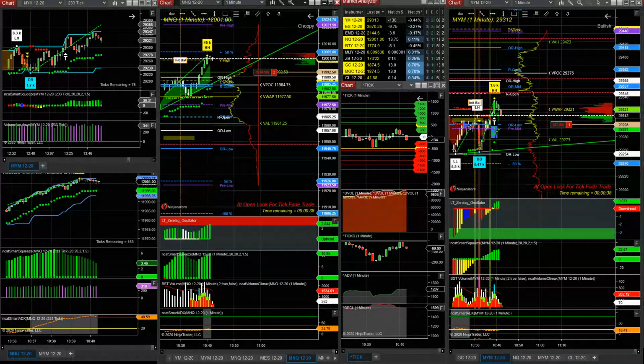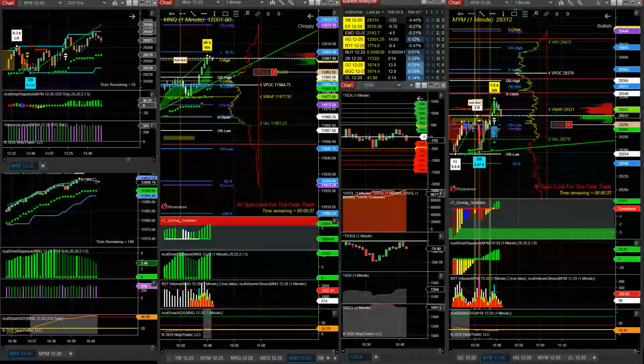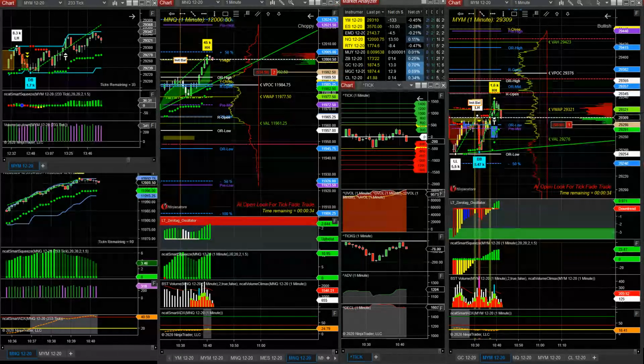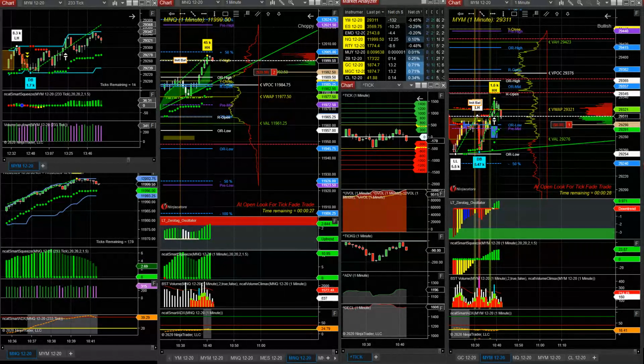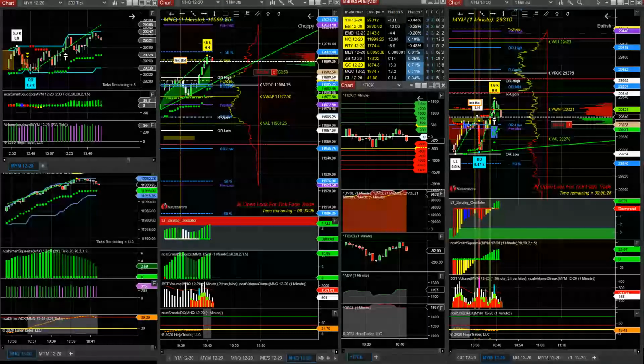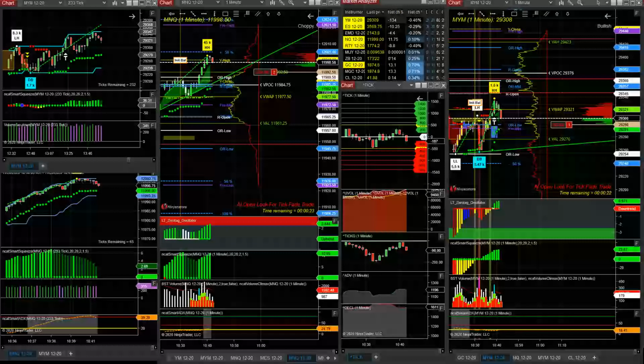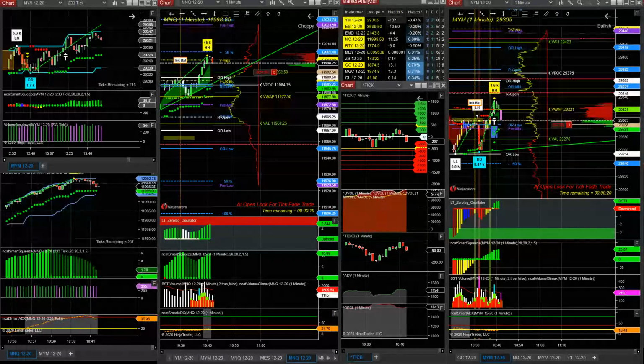Let's see if we get a follow through to the downside. If we go to 12,005, might test 12,000 again. 12,000 might be where they want to test again.